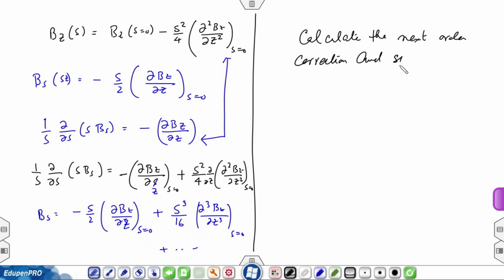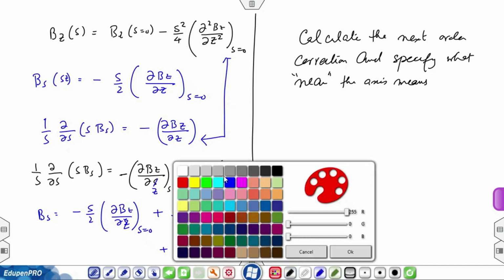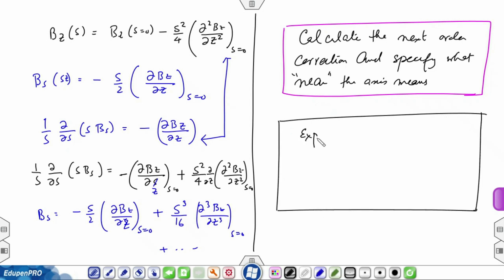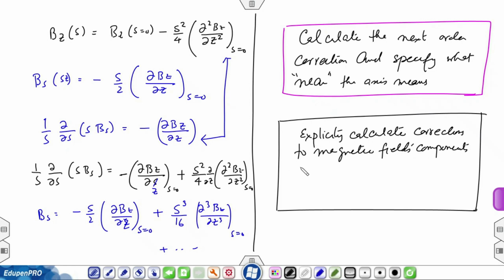and specify what near the axis means. I would also like you to explicitly calculate corrections to magnetic field components Bz and Bs for a current carrying loop in the xy plane.